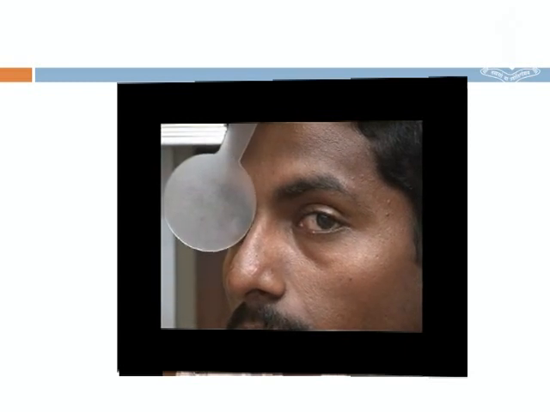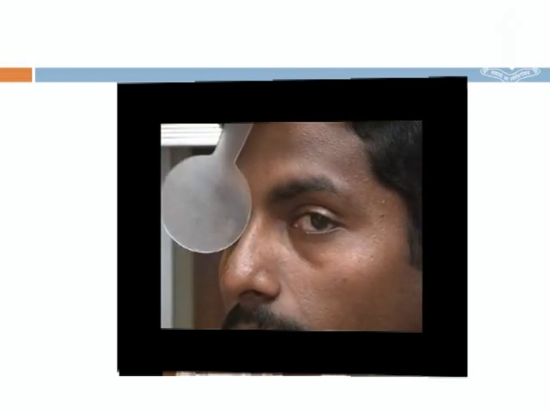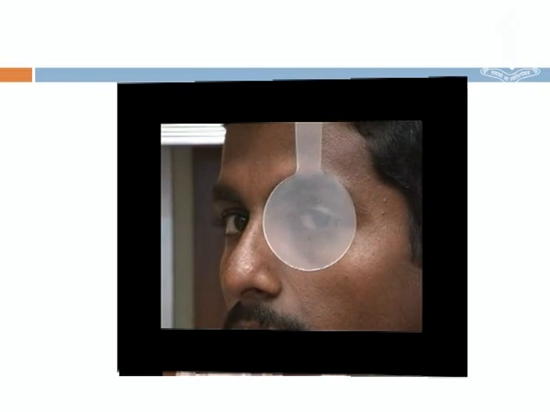On looking to the left, there is no deviation. This is Parks step 2. Watch the Parks step 3, where you have a tilt on the left side. If you see, the hypertropia is worsening. So this is indicative of left superior oblique palsy.